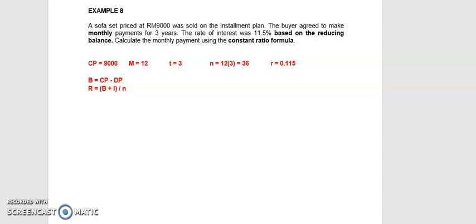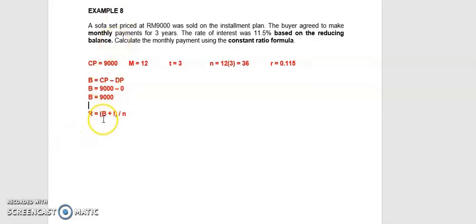Since there is no down payment mentioned here, we assume down payment equals 0. So balance will be equivalent to the original cash price. Here in this case, balance equals 9,000.